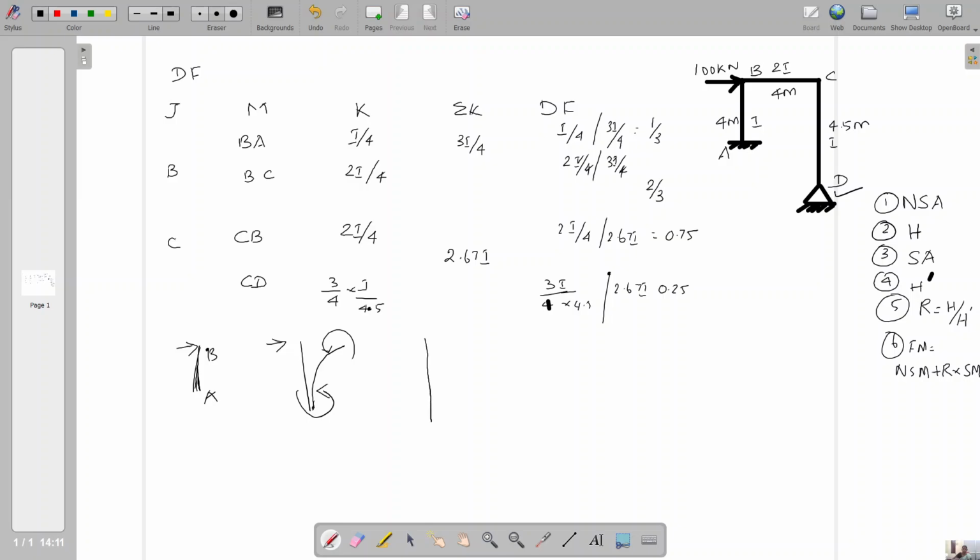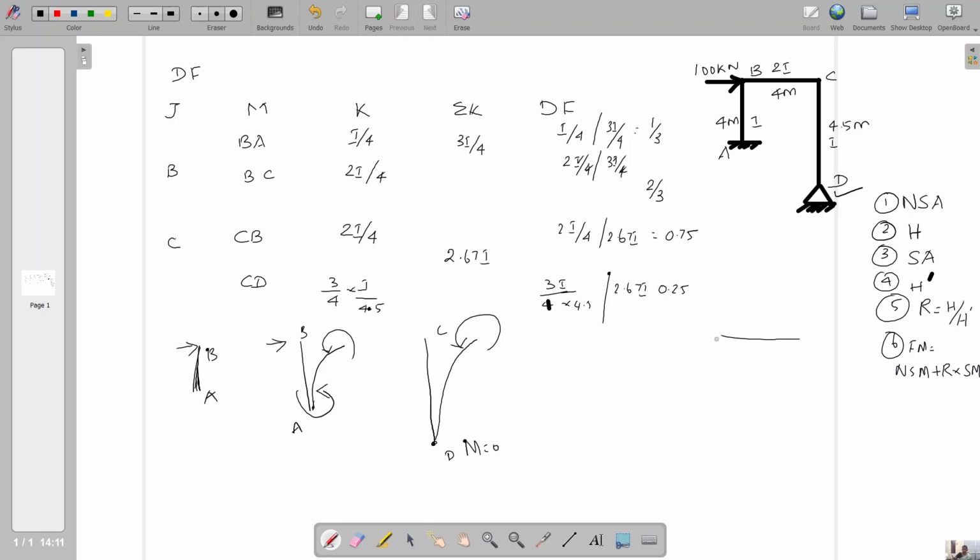Similarly, for the CD column, where D is a hinged support and moment is 0, it is also subjected to a horizontal sway, and a moment is created at the top only, because at the bottom the moment is 0.